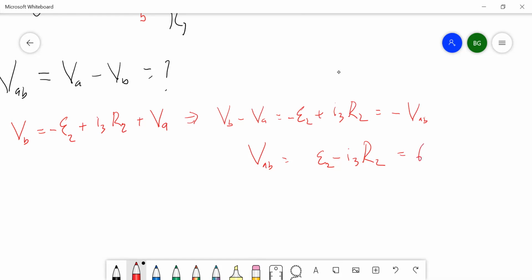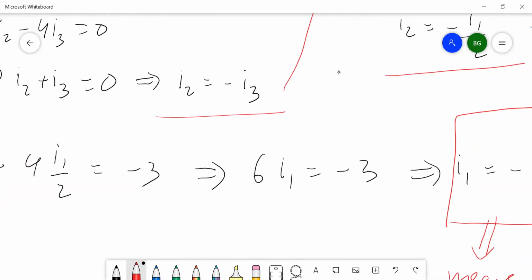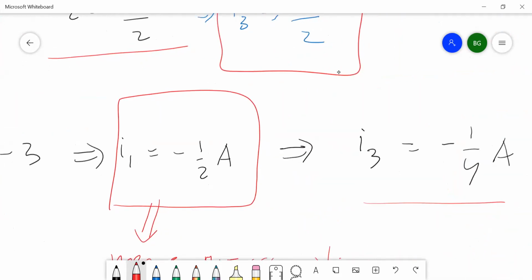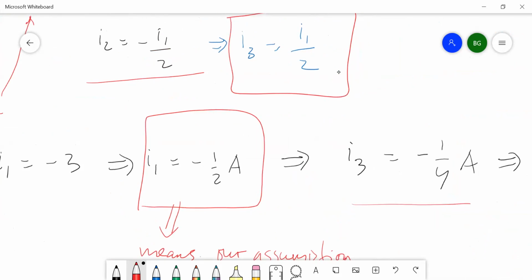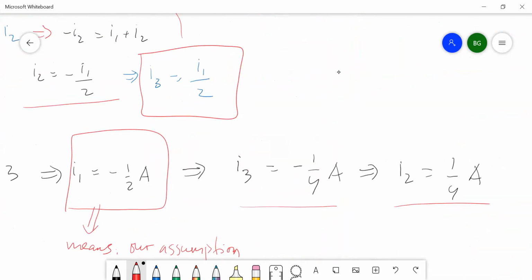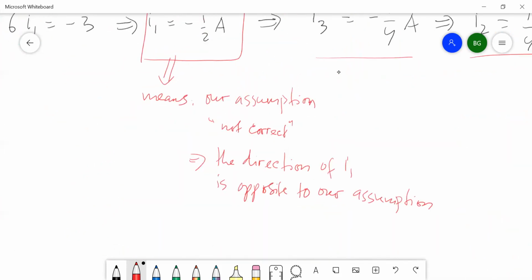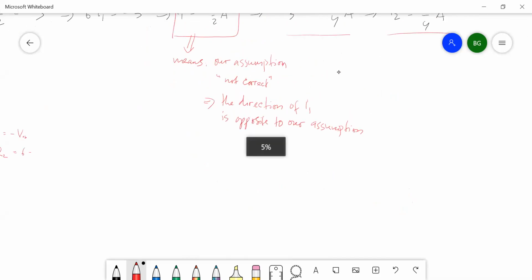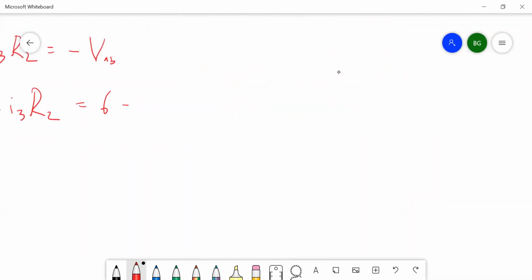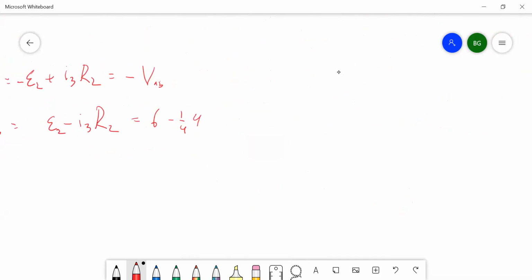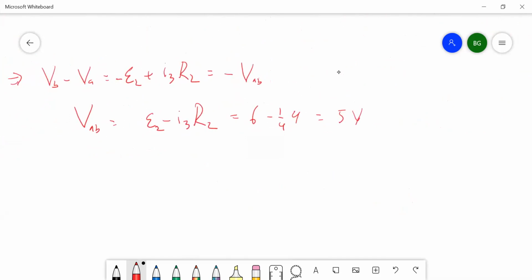Epsilon 2 is 6 volts minus I3, which is a quarter ampere, times R2, 4. So it should be 5 volts.